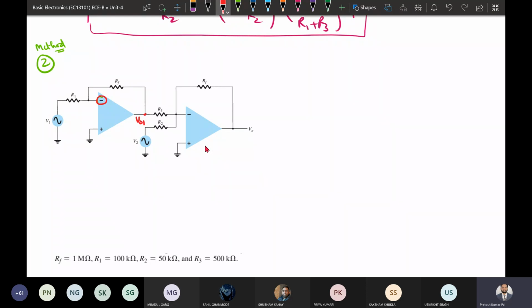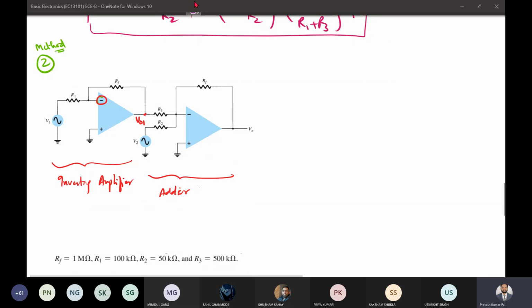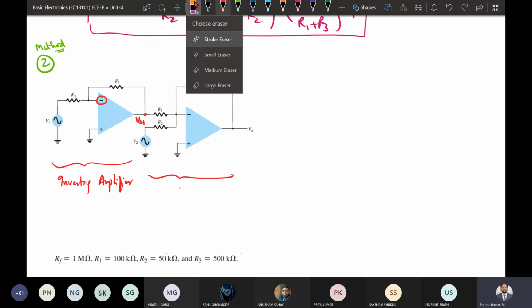So we make it negative first, and then this negative voltage and the positive voltage are added. This is an adder. The first case is an inverting amplifier, and in the second case we are making the adder amplifier, or summer amplifier. You can just write it is a summer amplifier.